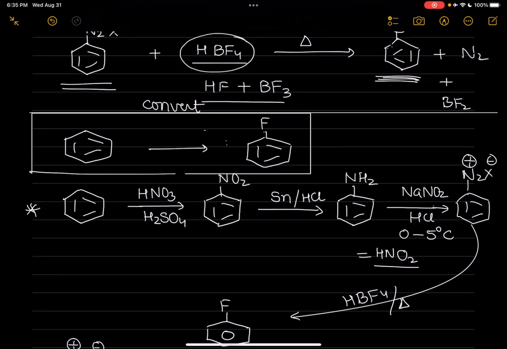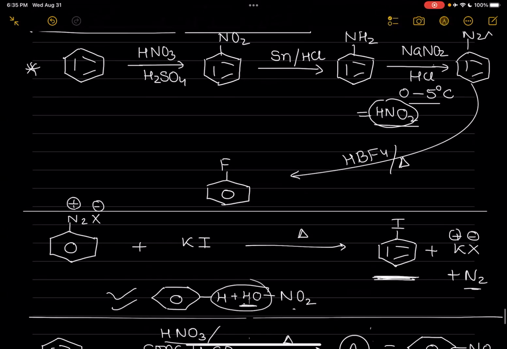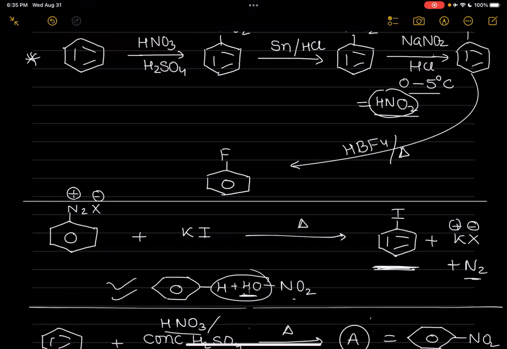Okay. So in diazonium, you take benzene, you convert it to nitrobenzene, you reduce it to aniline, and then you make it diazonium by treating it with NaNO2 plus HCl between 0 to 5 degrees. Sometimes nitrous acid is also given. Okay, and you heat it with HBF4, and that will give you fluorobenzene.